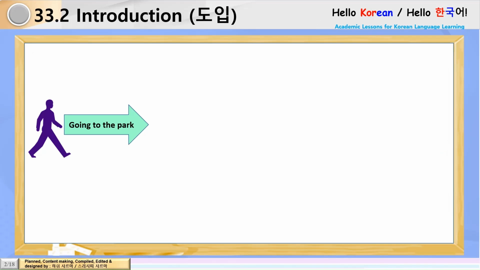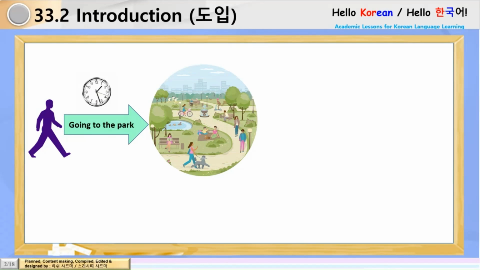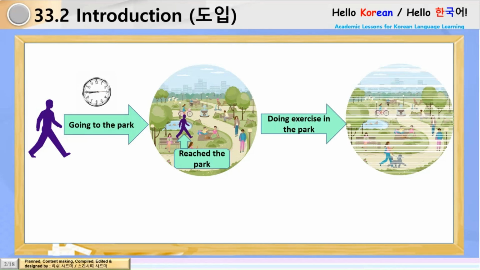Now, have a look here. A person is going to the park. There will be some time required to reach the park. Next, this person reaches the park, and after reaching, he does exercise in the park. So here two actions are connected in a time sequence.